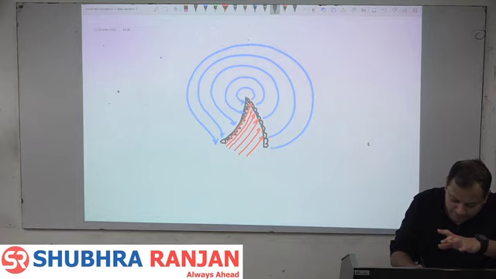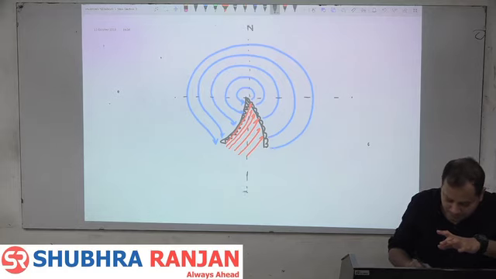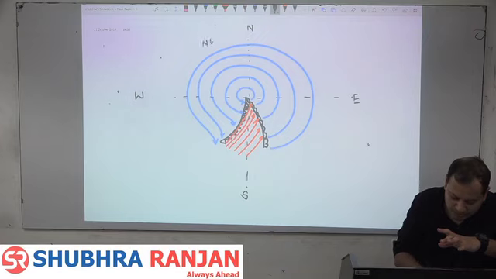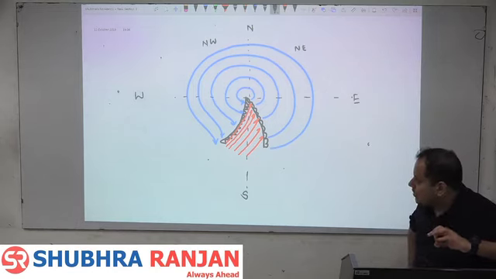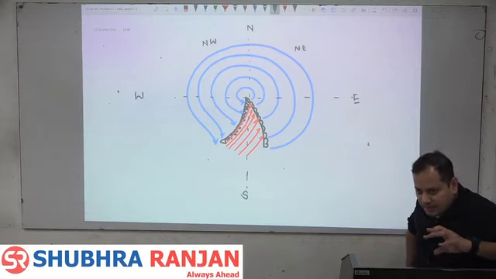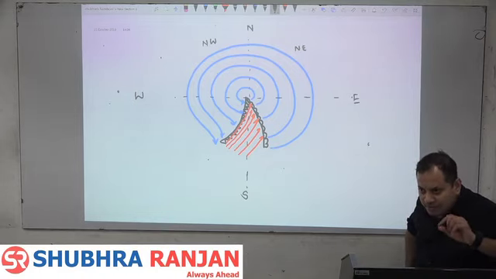Now, if I try to divide the temperate cyclone, it has four parts: north, south, east, west. So this becomes northwest, northeast, southwest and southeast. This is exactly what is happening in the northern hemisphere. In the northern sector there are easterlies and in the southern sector there are westerlies. Ultimately the easterlies will surround the westerlies from all the sides due to formation of fronts. And when the warm air is trapped in between, then it is known as a temperate cyclone.